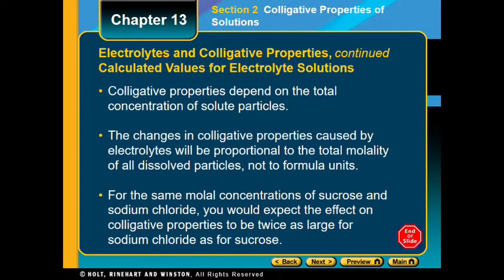And for the same molal concentration of sucrose and sodium chloride, again, sucrose is a covalently bonded set of atoms, so sugar, all nonmetals bonded together, versus sodium chloride, that's a metal and a nonmetal, it's an ionic compound. You would expect the effect of the colligative properties to be twice as large for sodium chloride as for sucrose, again, because one's an electrolyte and the other's a non-electrolyte.